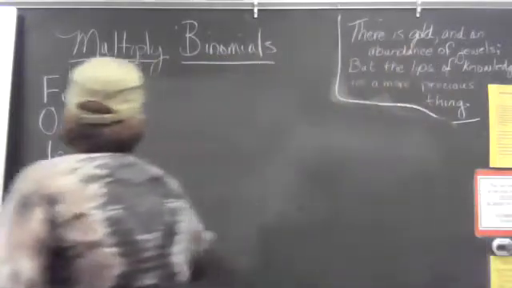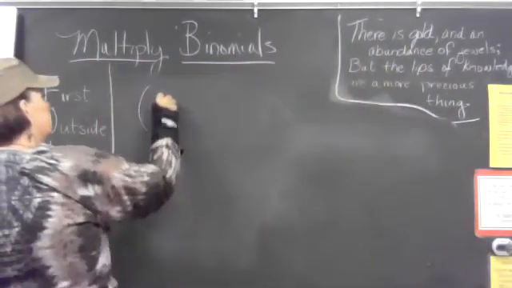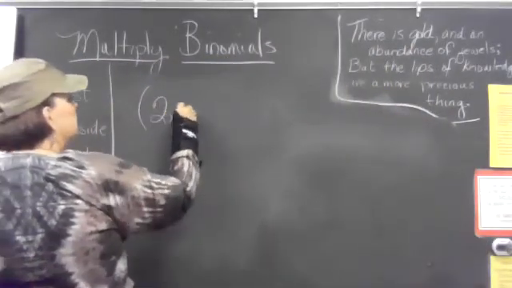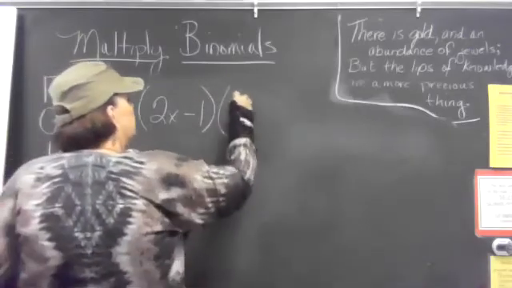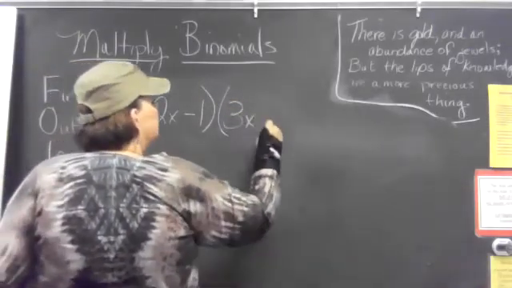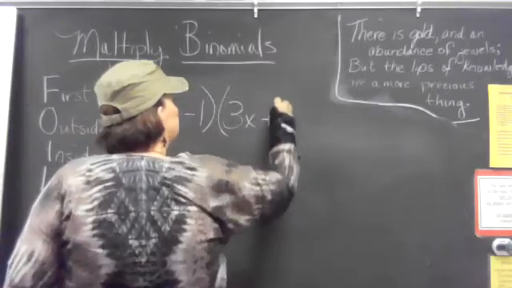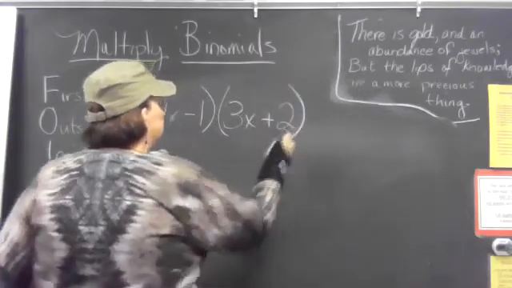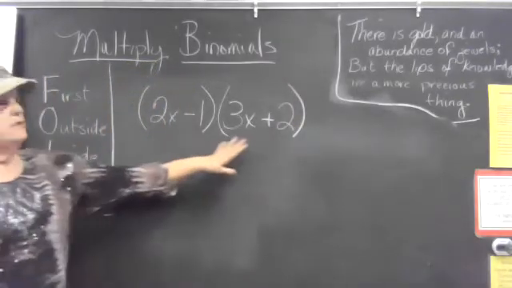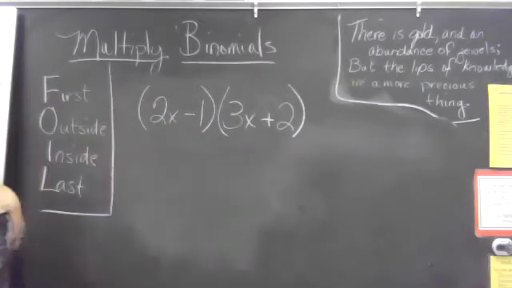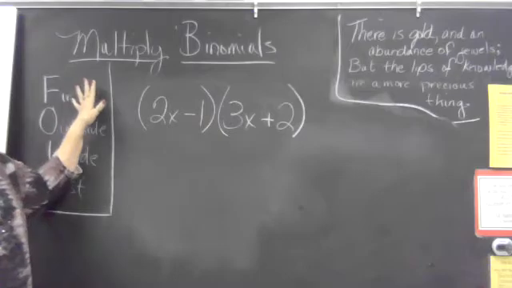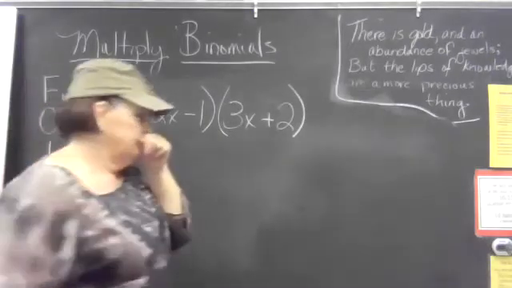Let's do this one. All right. You can tell both of these are binomials because they have 2 terms in each one. All right. Now, if I wasn't looking at these words, this is what I do.